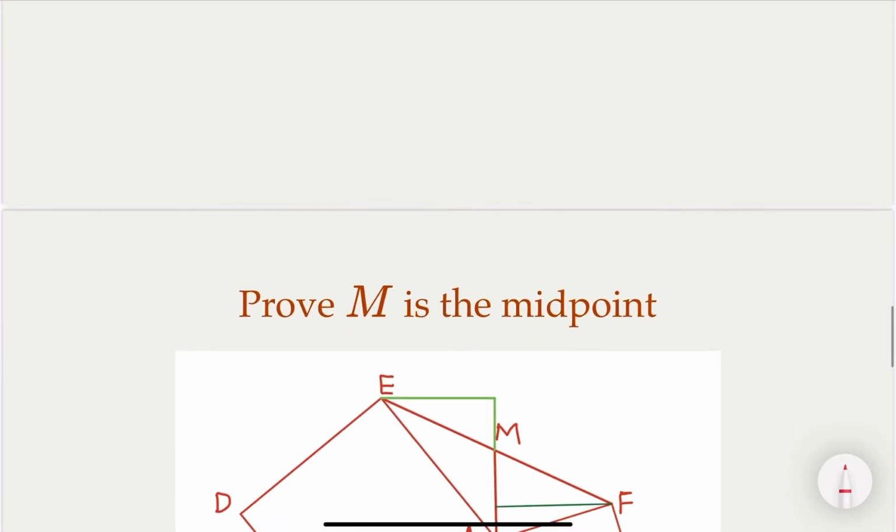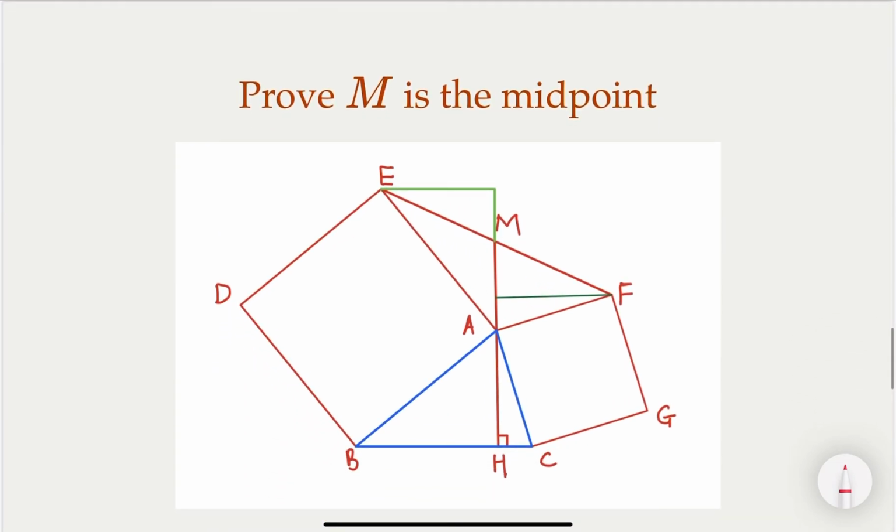All right, so it's all about how to construct some special line for you to prove what you want to prove. Here we're also going to do a perpendicular line, but this time from E and from F. From E, I'm going to do a perpendicular line here.